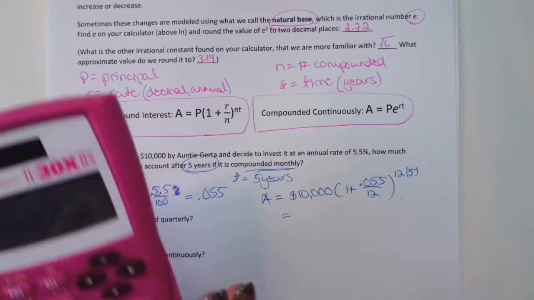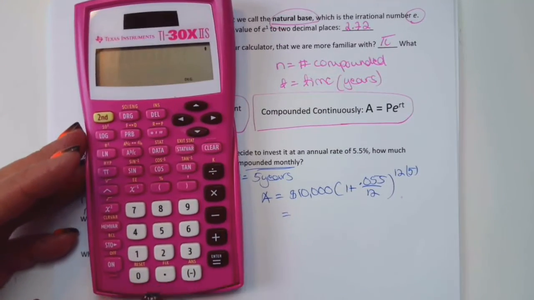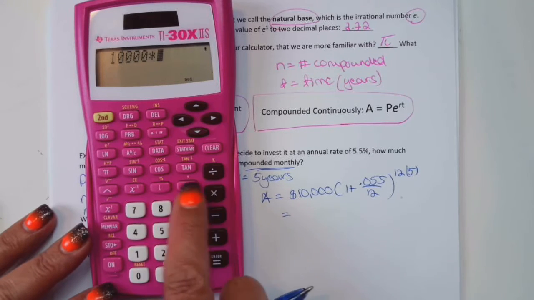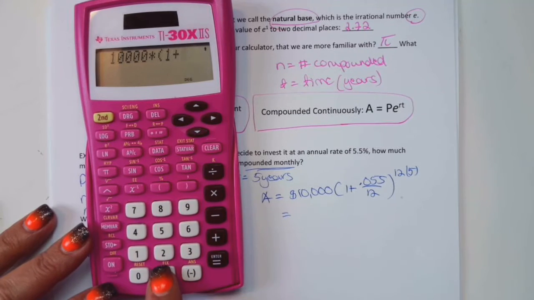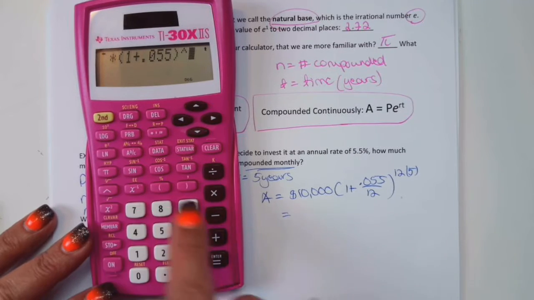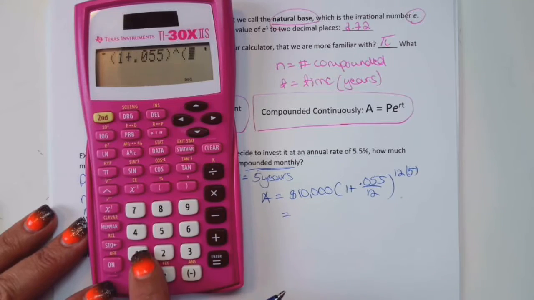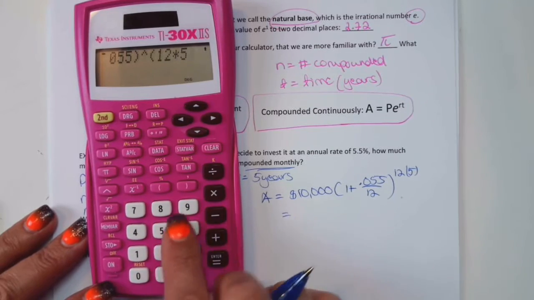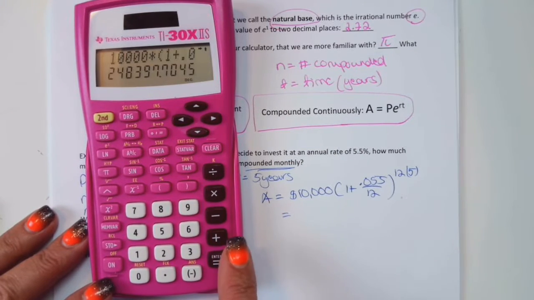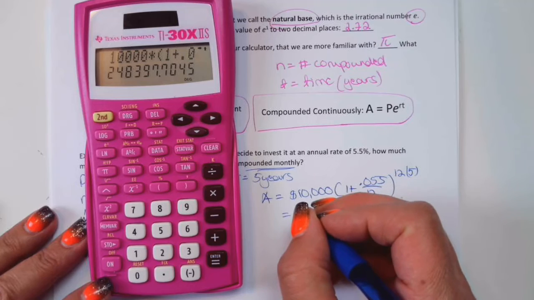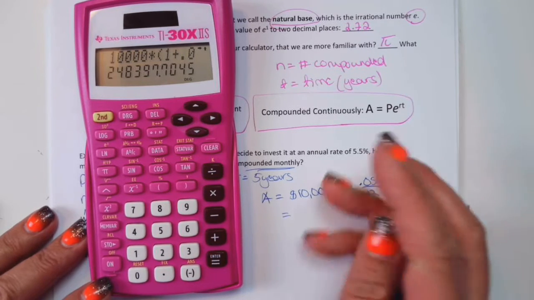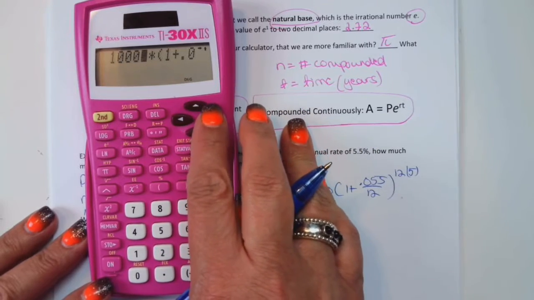So let's put this in the calculator, and you've got to be very careful with the parentheses here. 10,000 times 1 plus 0.055, parentheses closed, to the power of, and I'm going to put this inside parentheses as well, so that for sure all this is the exponent. So we get, something's not right. Haha, now I think I know what I did.